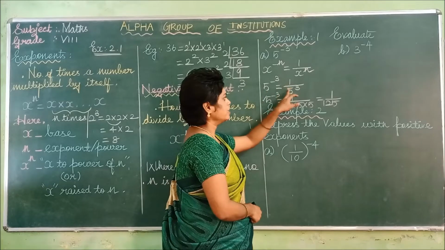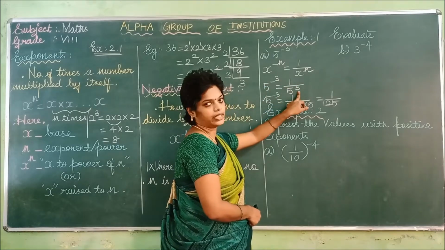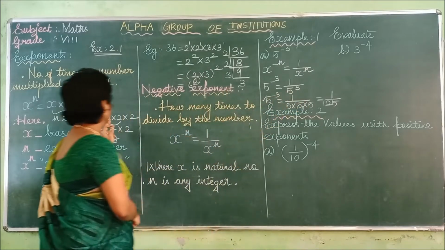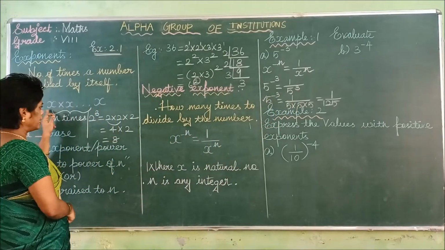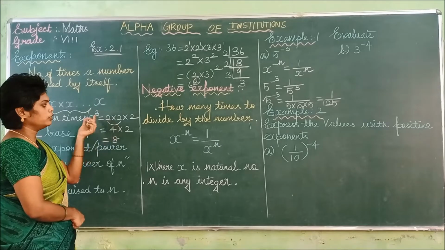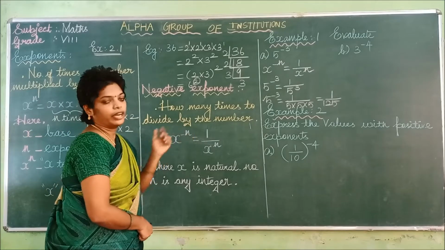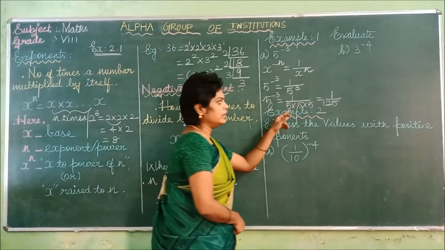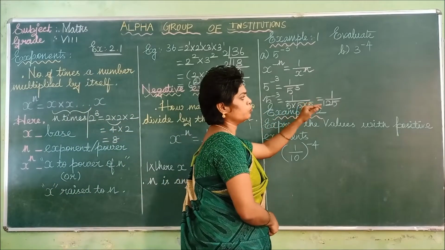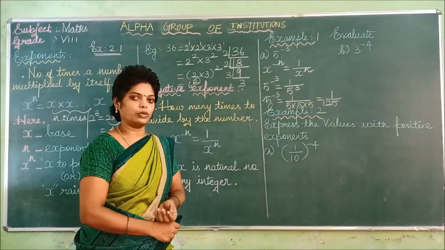So 5 to the power minus 3 is 1 divided by 5 power 3. 2 to the power 3 represents 2 into 2 into 2. Likewise, 5 to the power 3 represents 5 into 5 into 5. That means 1 divided by, 5 5s are 25, 25 into 5 is 125.